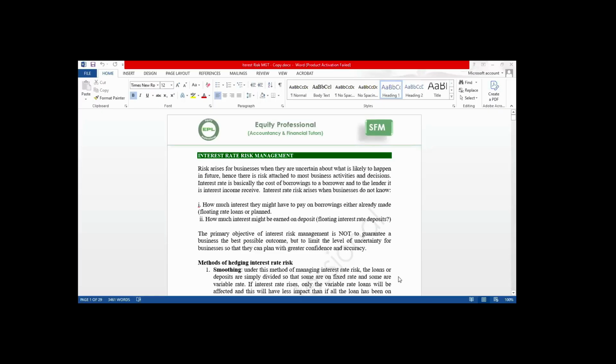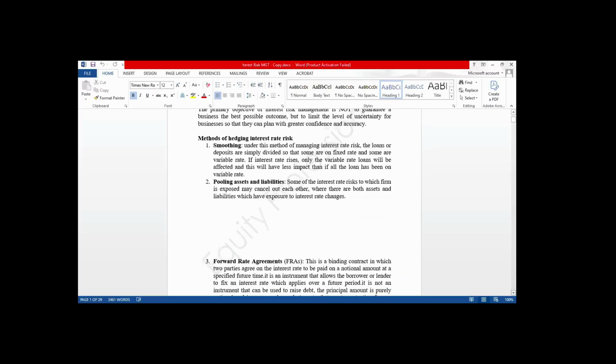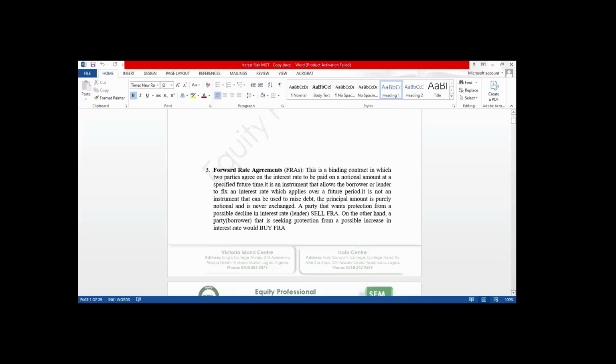We explained forward rate agreements, whereby a company can go into forward rate agreements with a view to fixing the interest rate payable or receivable on a particular loan or deposit. Once the rate is fixed, that rate becomes binding.